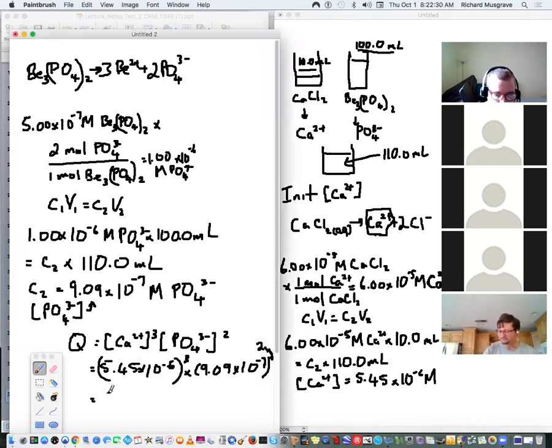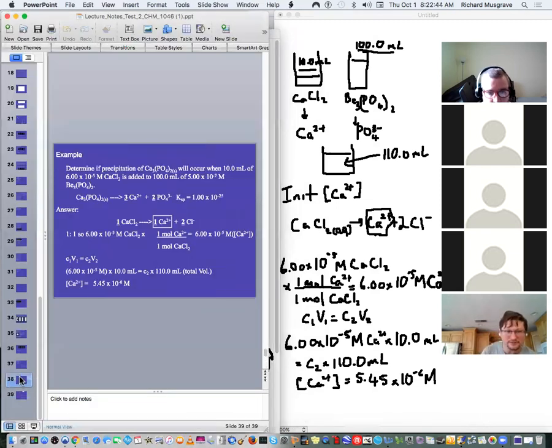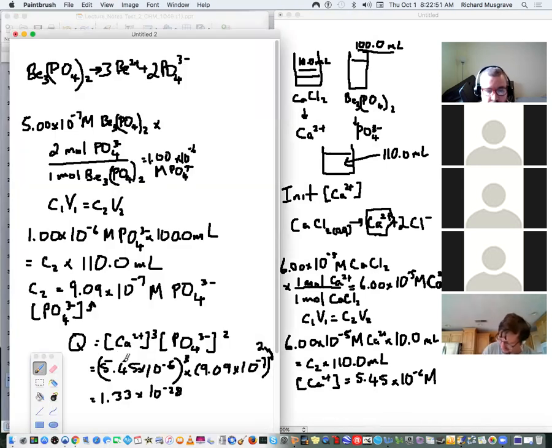Now this is the value we compare to the K value that we've been given, the Ksp value. And when I look at the Ksp value, you can see that it would be 1.00 times 10 to the negative 25. So it turns out the value for Q that we calculate is less than the value of Ksp that we're given, which means that no precipitation would occur.